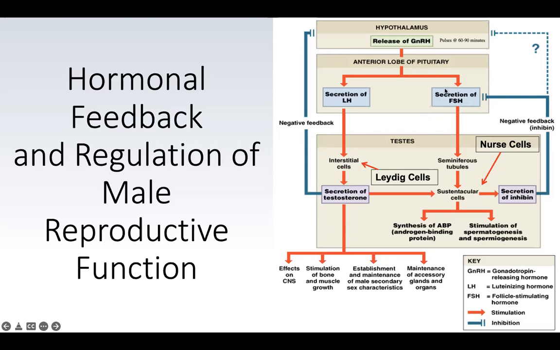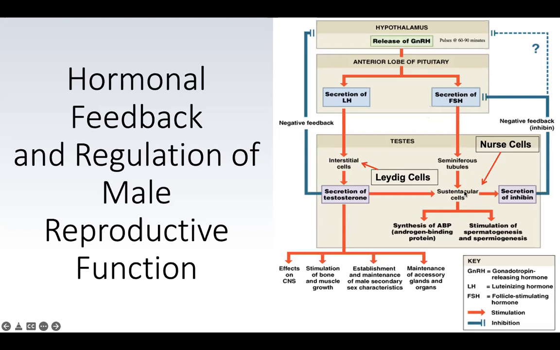FSH does something different. FSH also will travel through the bloodstream. It's got to because it's a hormone. It's part of the endocrine system. We've talked about that already. It will then act on the nurse cells. We've also referred to them as the Sertoli cells, and here you'll find a different name for them. They're all the same cell, the sustentacular cells.